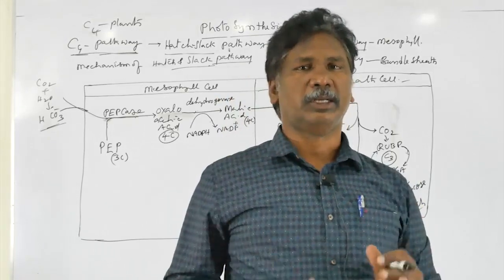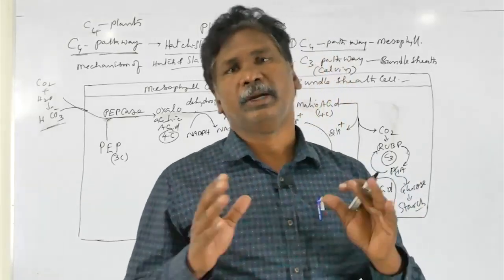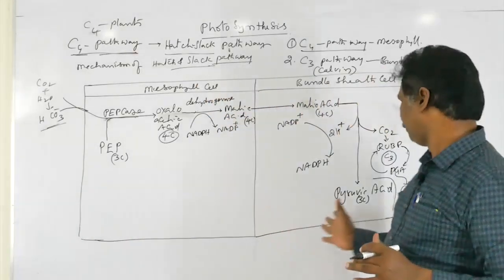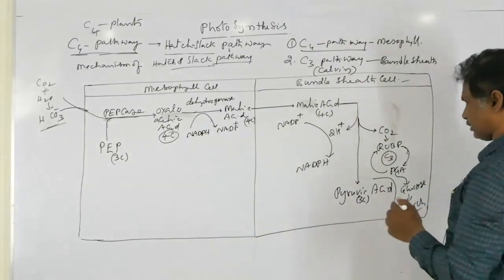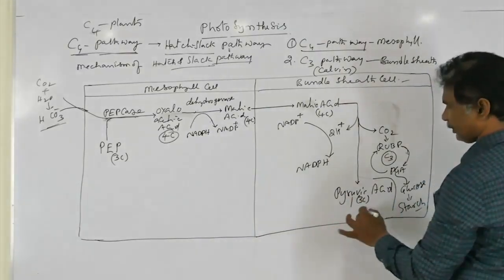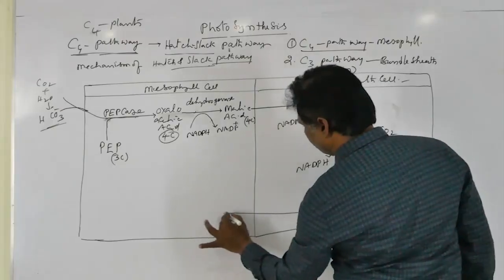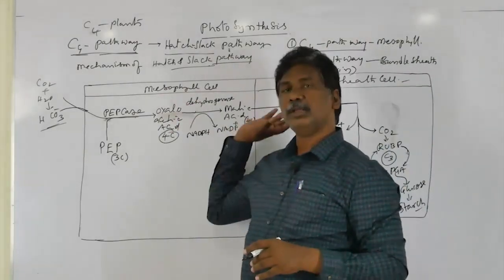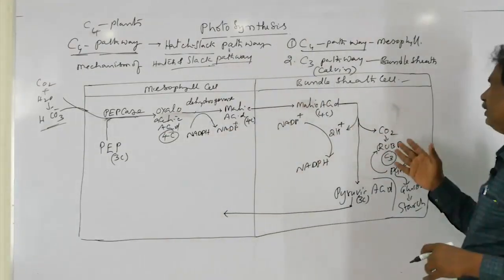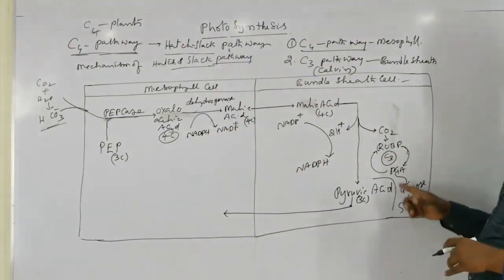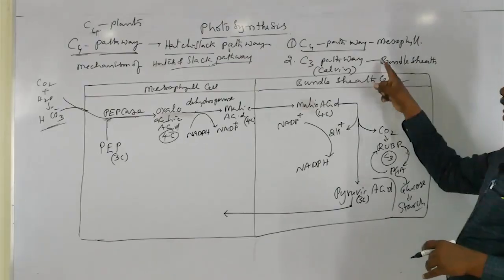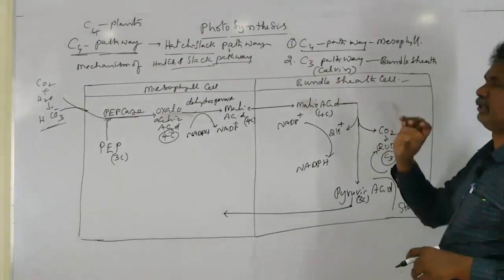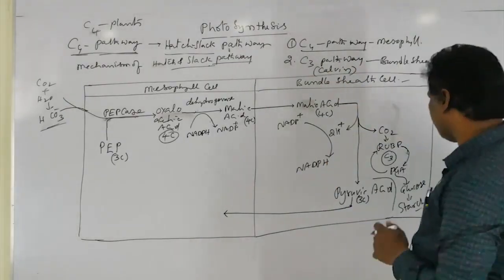In that stroma, synthesis of the food material takes place. After that, the pyruvic acid is reback into the mesophyll cells. Already the food was synthesized within the bundle sheath cells through the Calvin cycle or C3 pathway in the presence of an enzyme.